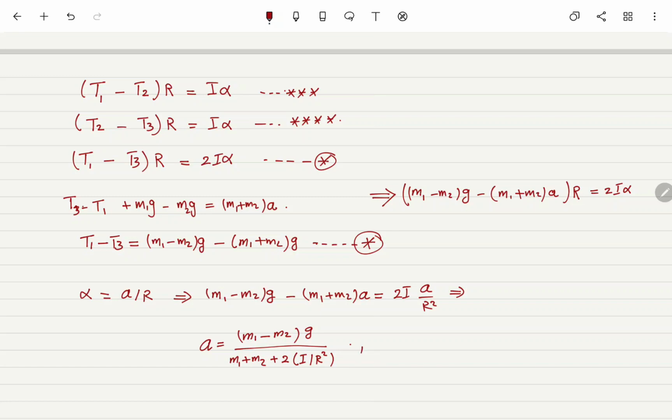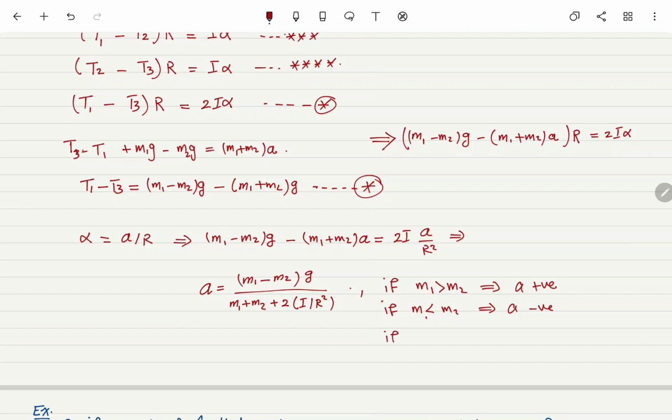Now notice that if M1 greater than M2, it means the acceleration is positive, which means the left block accelerates downwards. But if M1 is less than M2, in this case the acceleration is negative and the right block will move downward.